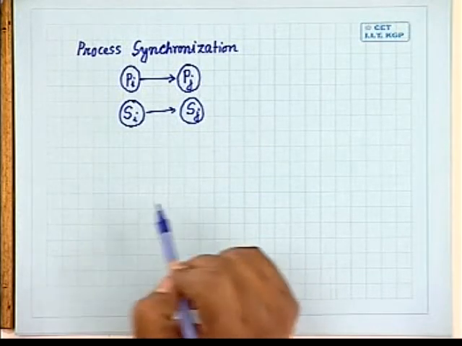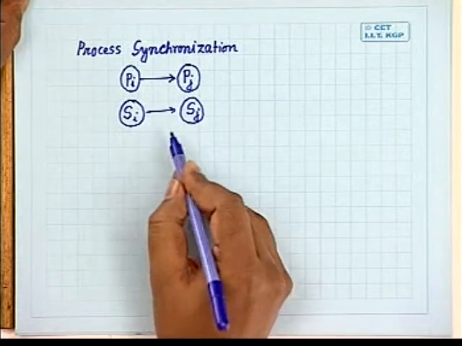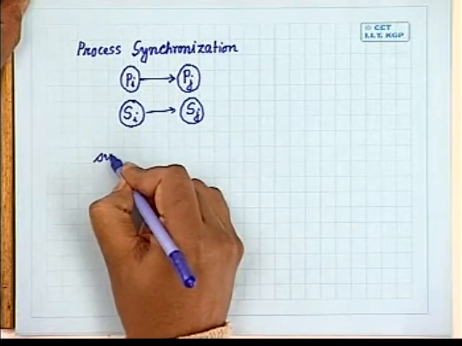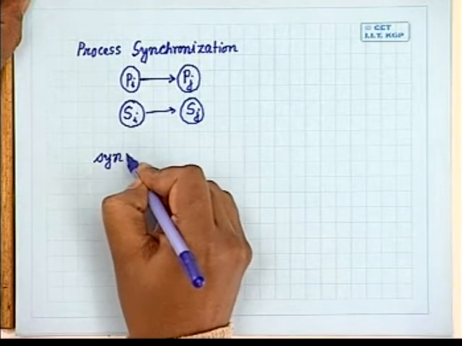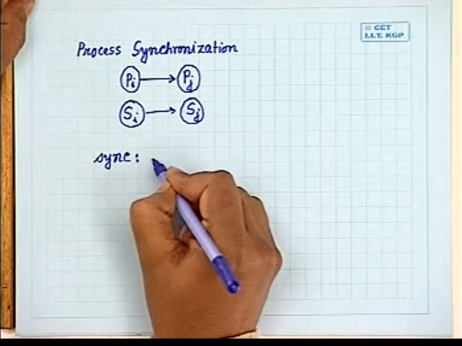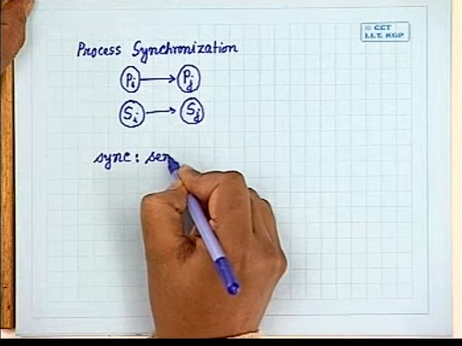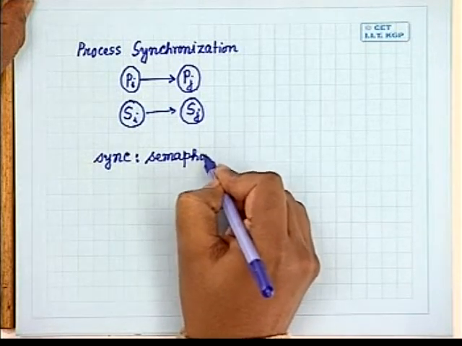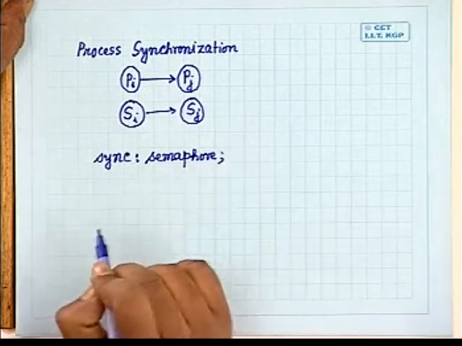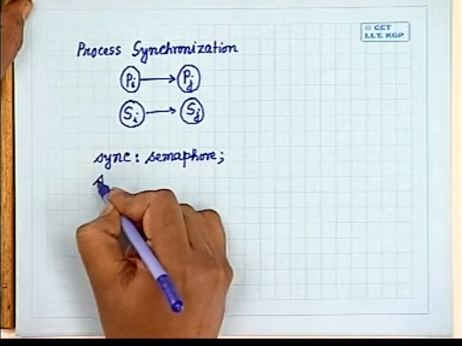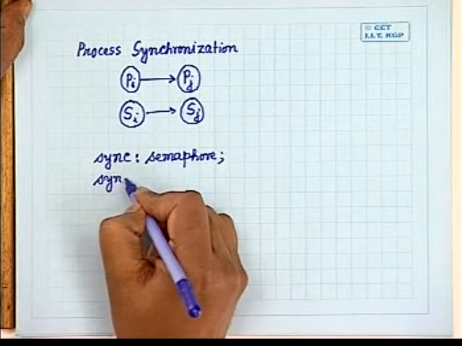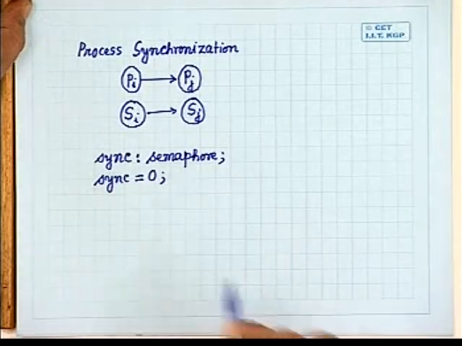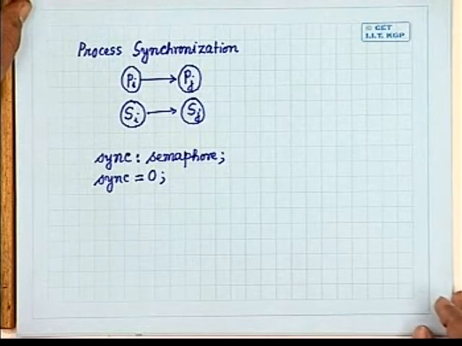Here what we can do is, we can define a semaphore variable. Let us say that a semaphore variable sync. Sync is a semaphore variable and we initialize the value of this semaphore variable sync to, let us assume, a value 0.